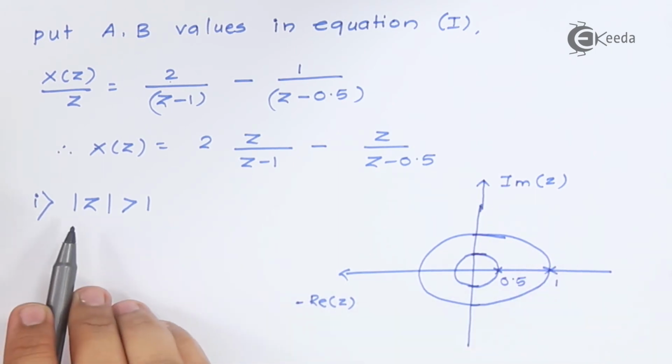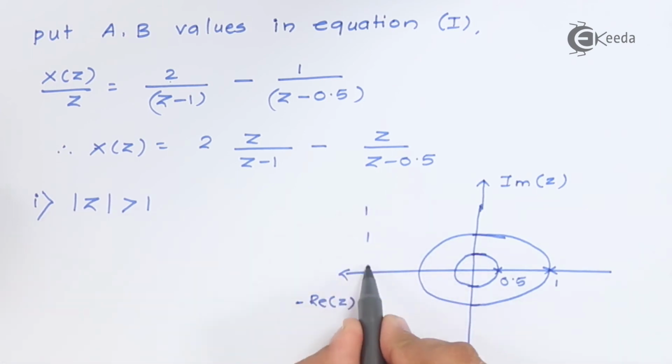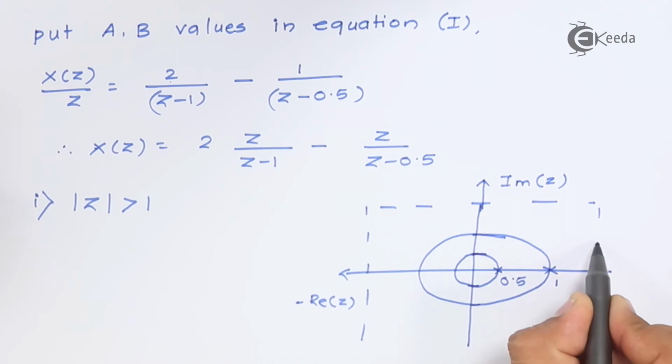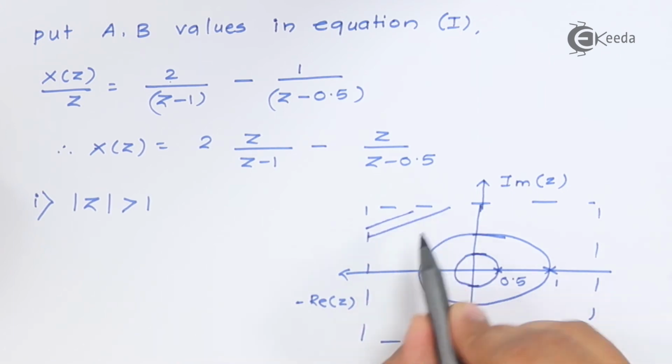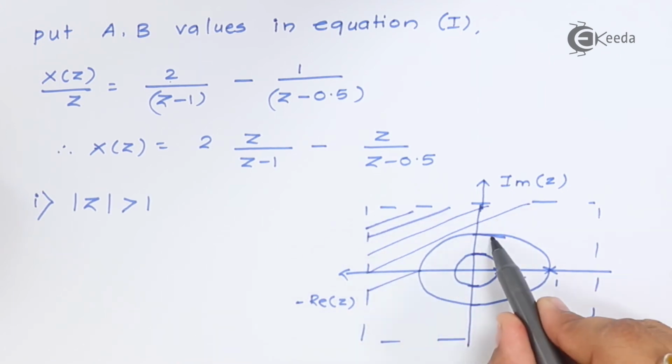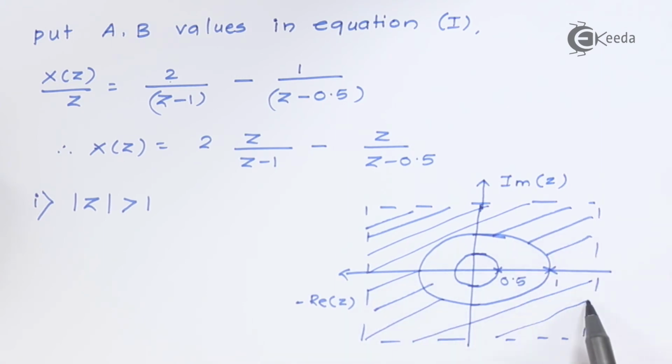Now what is mentioned, the mod z is greater than 1, which means our ROC is available in the exterior part of the radius 1 circle, or you can say outside the unit circle, which means over here. So in the exterior part of the unit circle, the ROC is available.